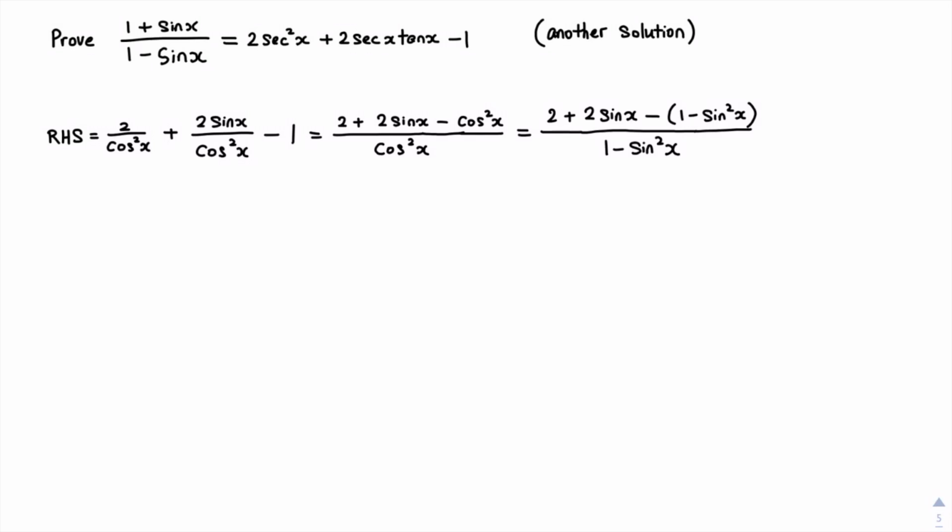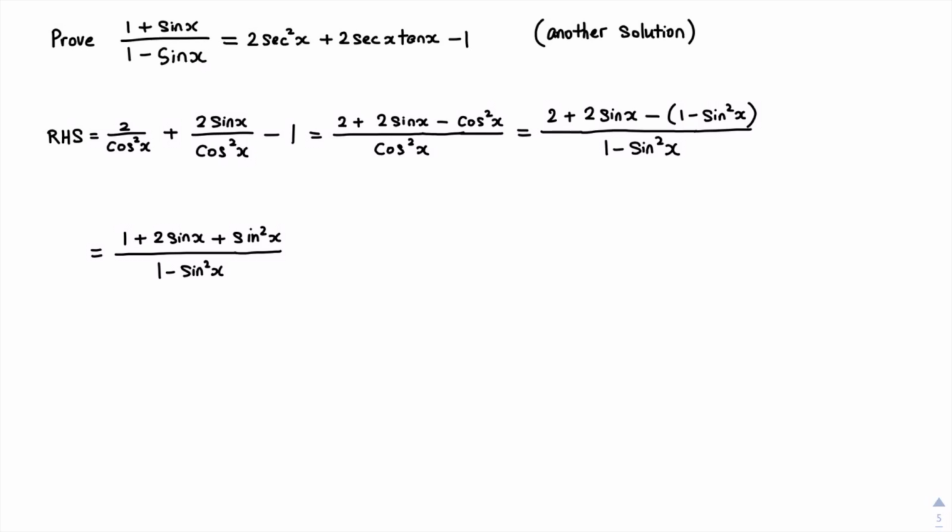Since the left-hand side of the identity only has sine x, but I have cos square x, I'm going to replace the cos square x with sine square x. Right, so the cos square x each gets replaced with 1 minus sine square x. Now if I simplify the top, I get 1 plus 2 sine x plus sine square x, and the denominator is 1 minus sine square x.